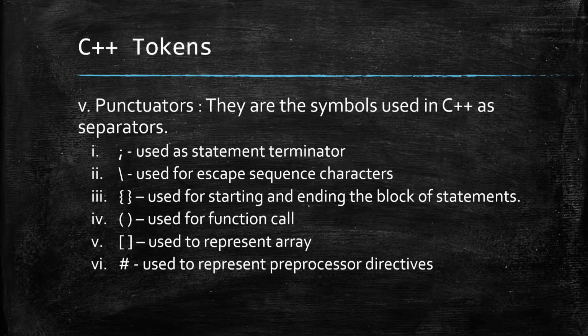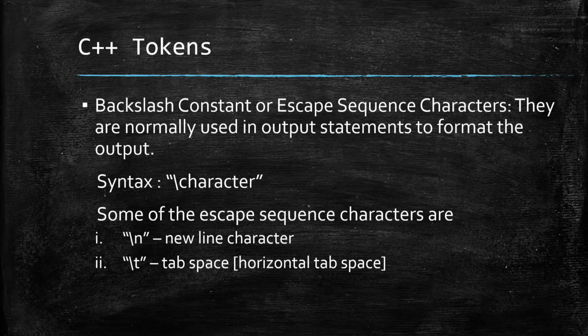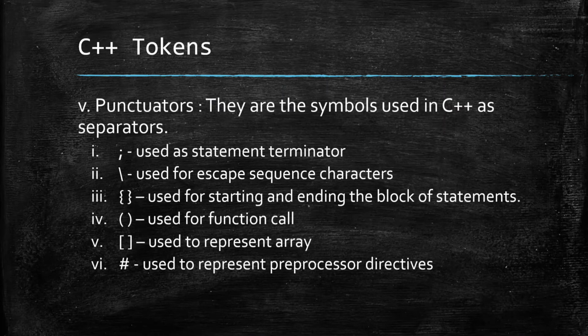Fine. Our second punctuator is the backslash. It is used in escape sequence characters. You have seen here, whenever you write your \n or \t, the backslash is required, right? So it is used for escape sequence characters. Fine. Next thing is your flower brackets.